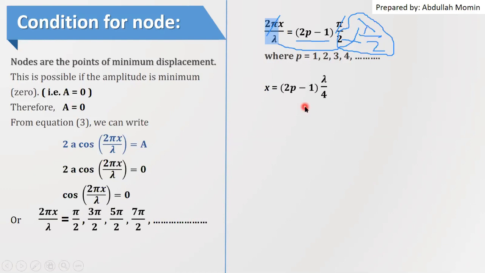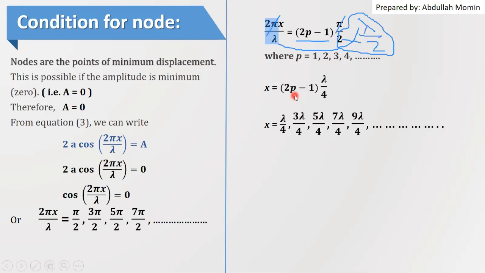Now we are going to put the value of p. First we will put the value of P as 1. So what we are getting, 2 into 1, 1 minus 2, so x can be written as lambda by 4. When we put the value of P as 2, we will get 3 lambda by 4. When we put the value of P as 3, we will get 5 lambda by 4.